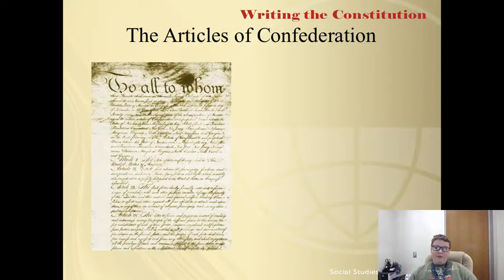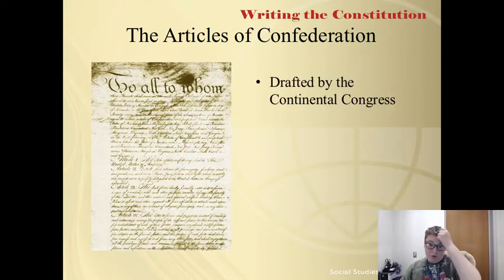The Articles of Confederation. Soon after the Continental Congress approved the Declaration of Independence, it began to work on a written constitution. What it devised, the Articles of Confederation, formally put in place the system the Continental Congress had been operating under since 1775.